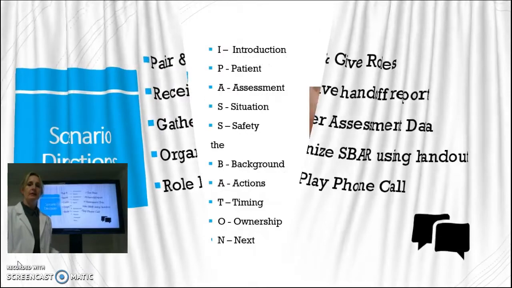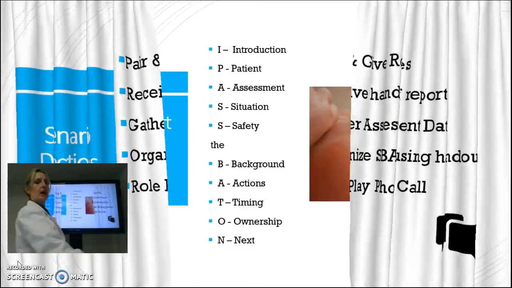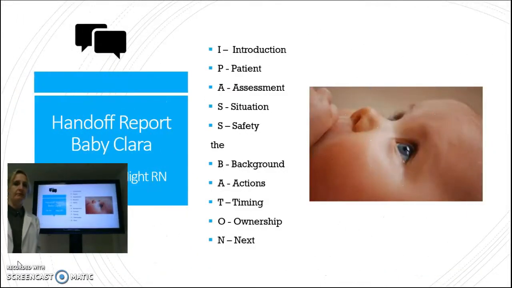So here, we will go into our handoff report. And here's what a handoff report sounds like. Hi, I'm Nancy. I was the nurse who just completed admission for baby Clara and cared for her throughout the day. She was admitted at 3 p.m. Her name is Clara Sims. Date of birth, 10/25/17. She's 6 months old, female, and she is in room 203.